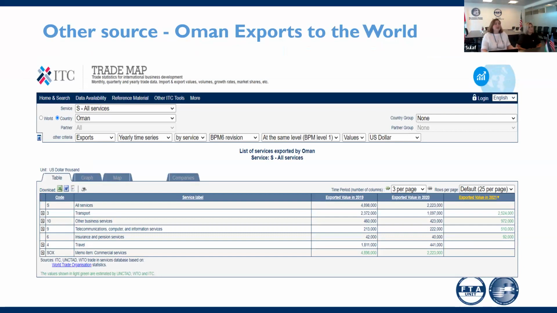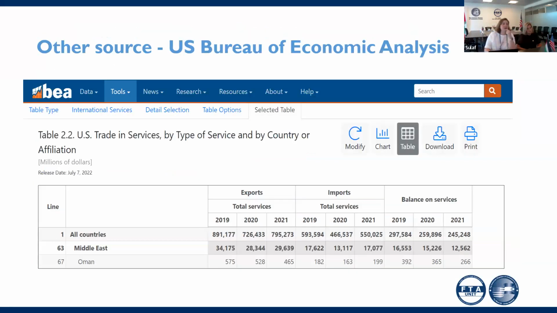This is from the ITC Trade Map, also showing Oman's export of services to the world. This is reflecting the data from Omani official sources. There's a project as well in the WTO to try to capture better data. This is from the Bureau of Economic Analysis, a US source about US trading services by country.